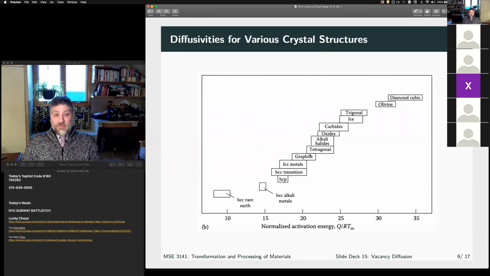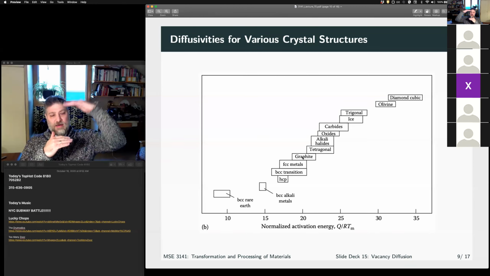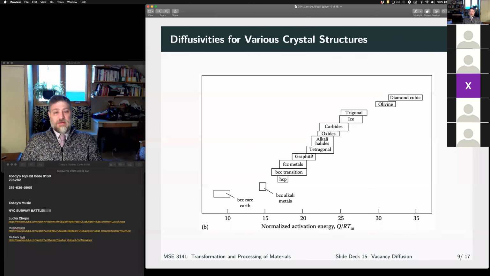And the other thing with graphite is, those of you who study things like solid oxide fuel cells and batteries and do other electrochemical work will know that the solute atoms can move in between the layers of the graphite structure, right? So we've got sp2 hybridized carbon.